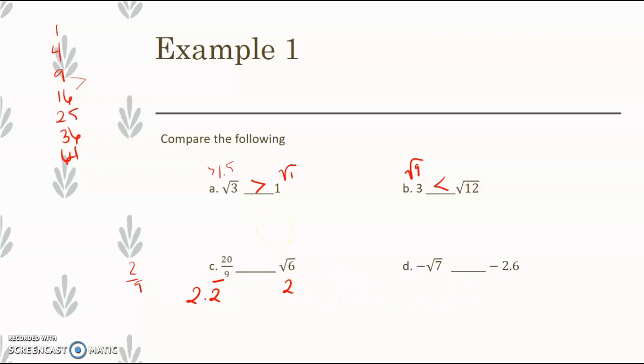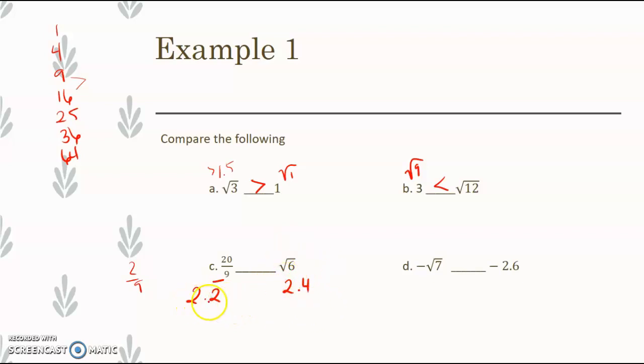I can do some guessing and checking. 2.4 squared would be 5.76, so that's pretty close to 6. And if I did 2.5 squared, I'm at 6.25. So I'm guessing we're at 2.4.